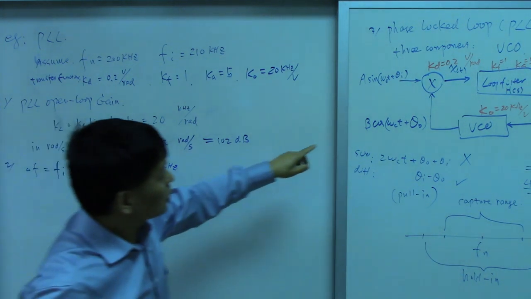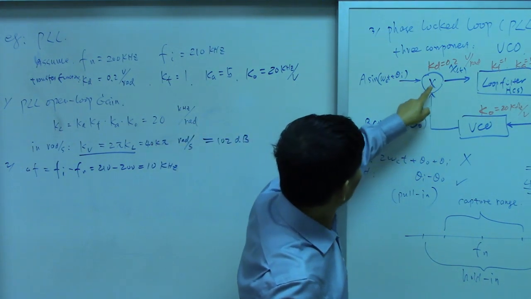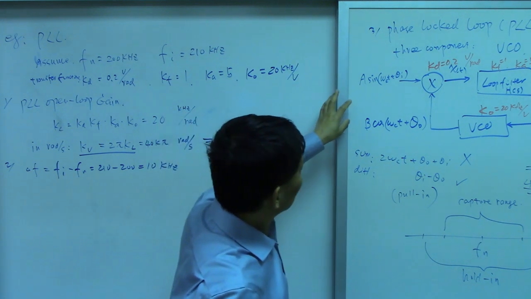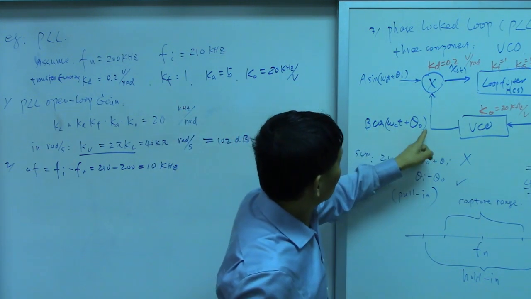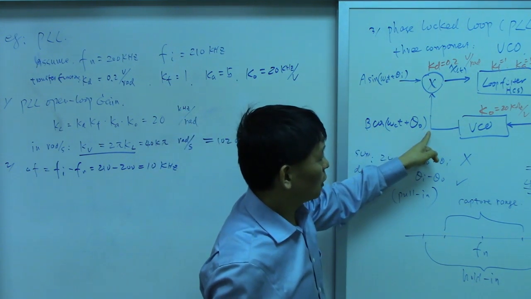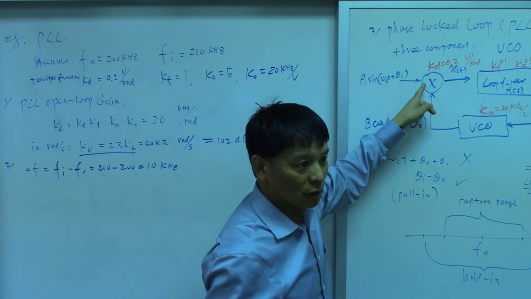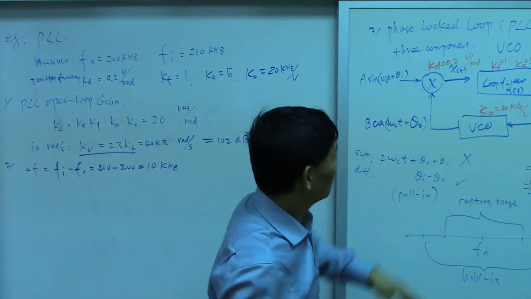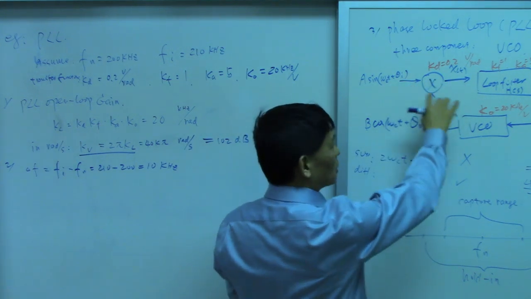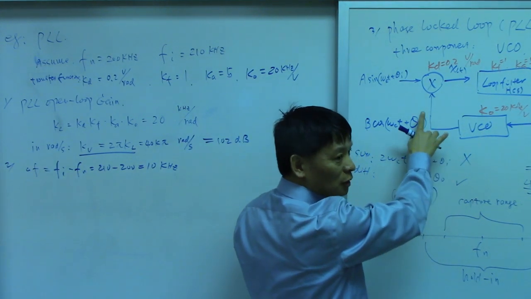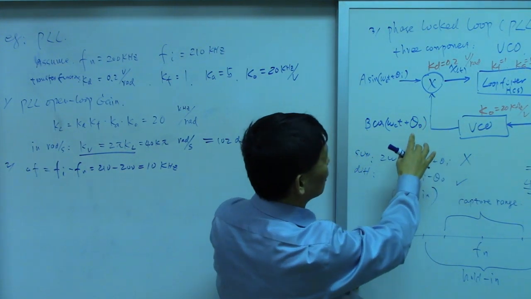If we want this loop to be locked, what is the output voltage of this VCO supposed to be to make this 10K change? Because this 10K change comes from the error, or the output here.